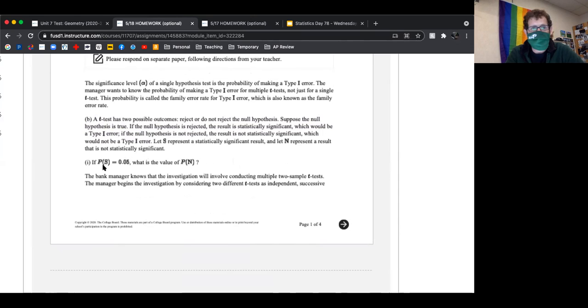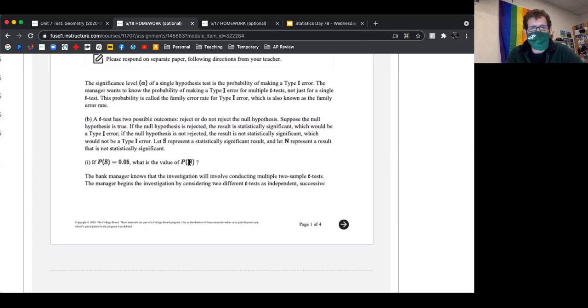And just to kind of go through this one quickly, if there's a probability of 0.05, which is our significance level, I will say this: suppose the null is true. If it's true, there's a 5% chance that we're going to incorrectly reject the null hypothesis. That is your significance level. We're saying this isn't likely to happen, but there is a 5% chance that it will.